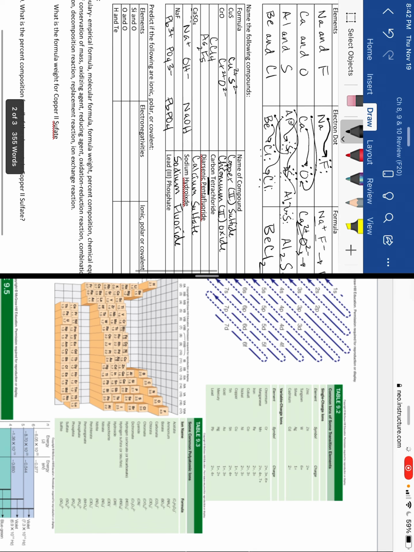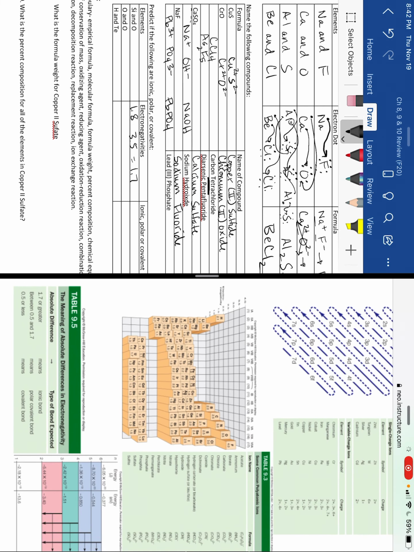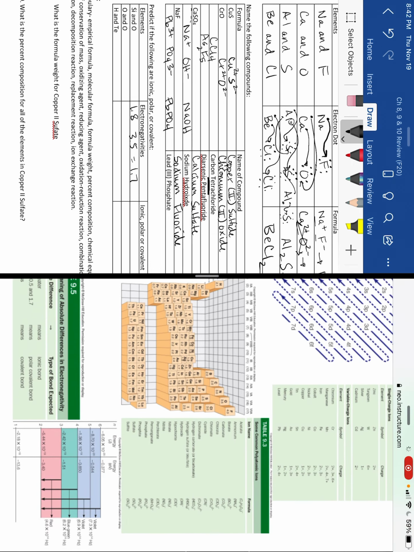And this one, you would have to use this table, this orange table right here. So silicon is 1.8 and oxygen is 3.5. So if you take 3.5 minus 1.8, you get 1.7. So if you look at this table, if it's 1.7 or greater, then that means it's ionic. Okay, oxygen is 3.5, so 3.5 minus 3.5 is 0, so covalent.